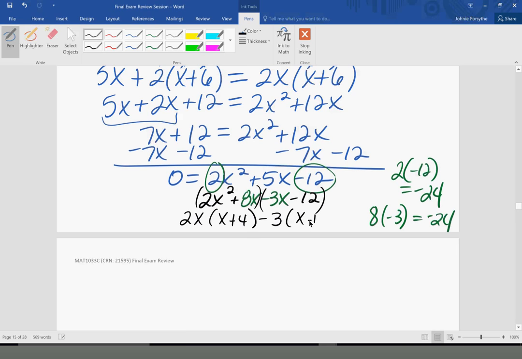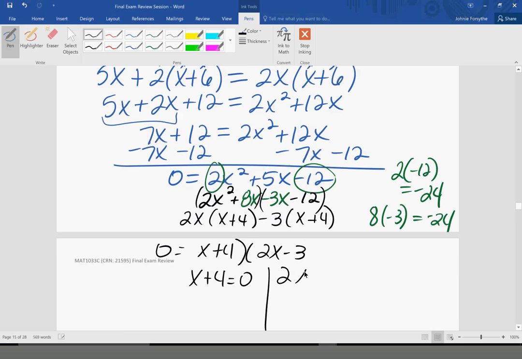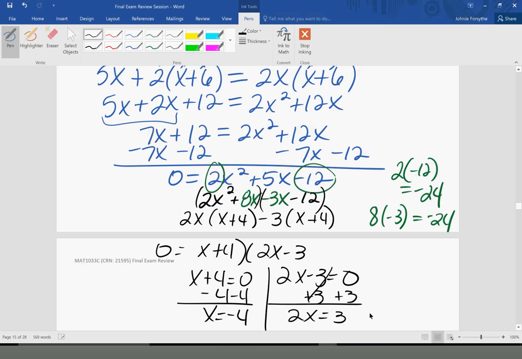So we're going to have x plus 4 in parentheses. So I have x plus 4 times 2x minus 3. That equals 0. So to solve this, I'm going to set each factor equal to 0. And I'm going to solve each one for x. So x equals negative 4. Here to solve for x, I would add 3 first. 2x equals 3.